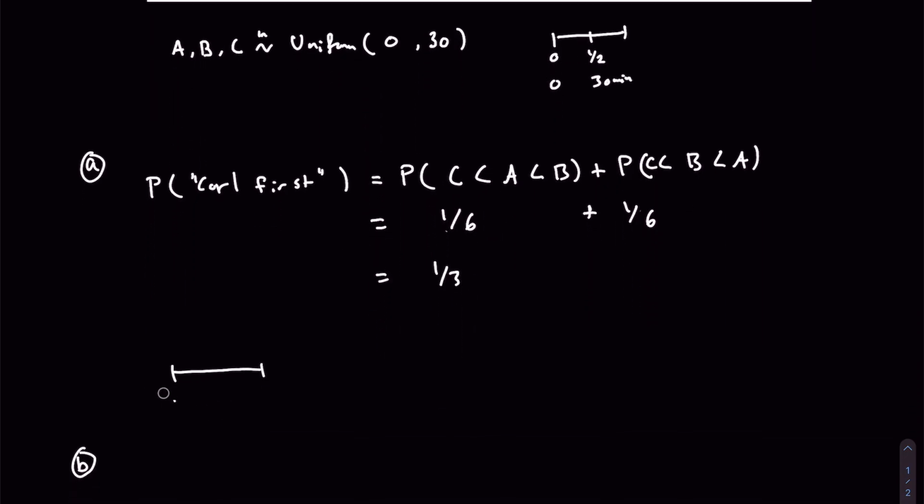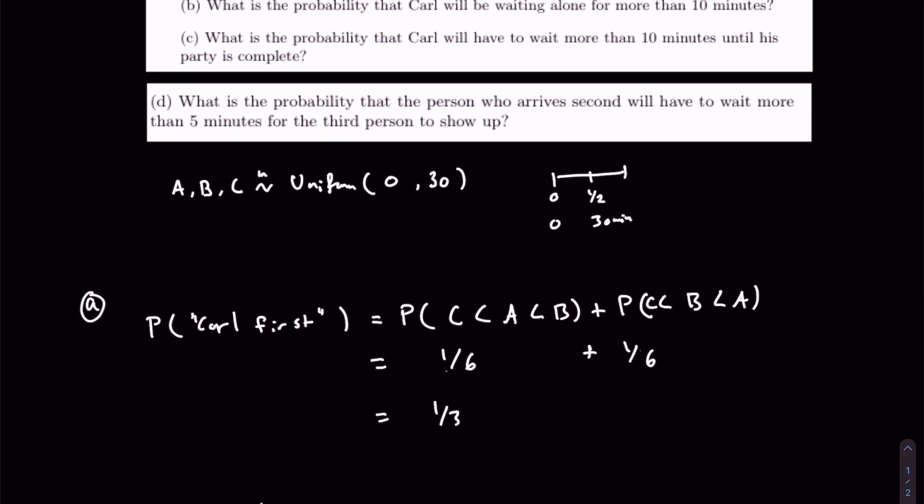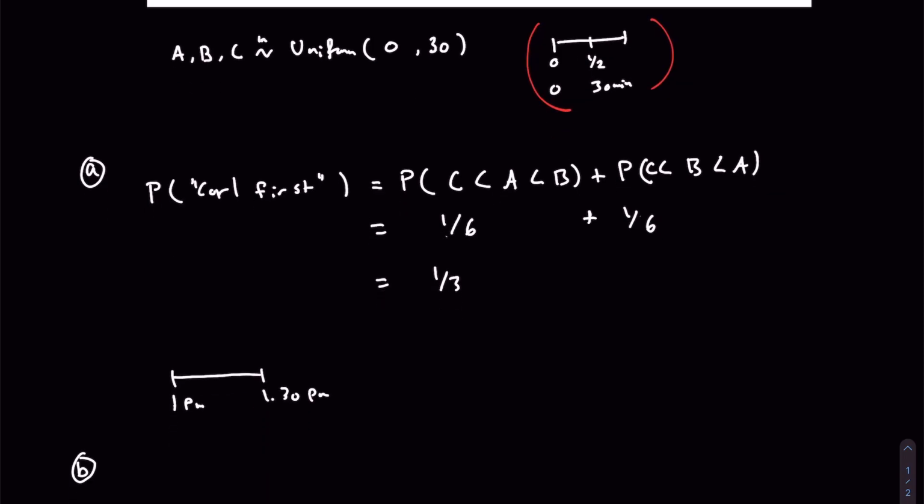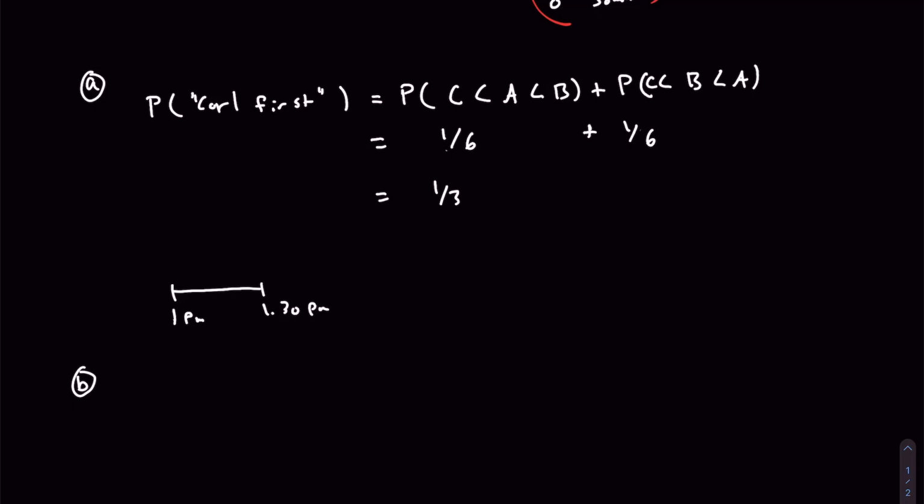So this should be 1 p.m., like that, and this is 1:30 p.m. So let's just forget about this definition here as well. It's a little confusing. And Carl arrives here, 1:10 p.m. This is Carl's arrival time.